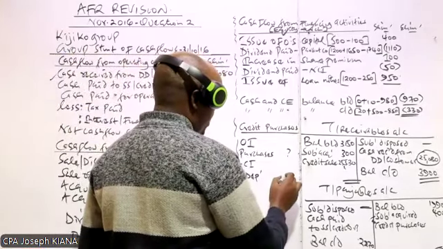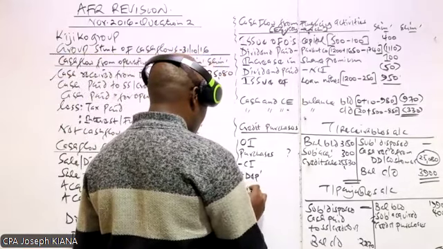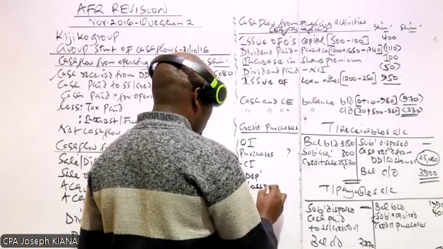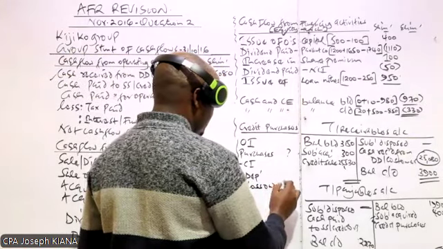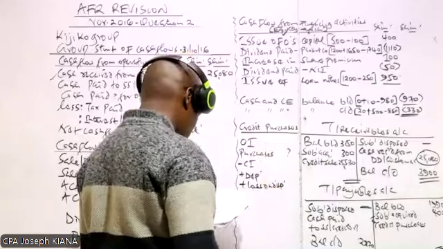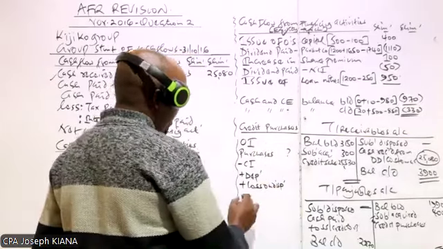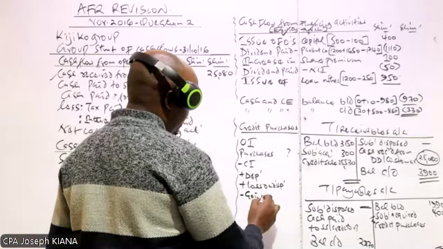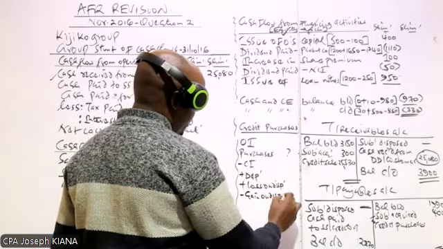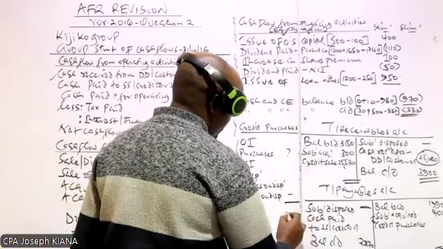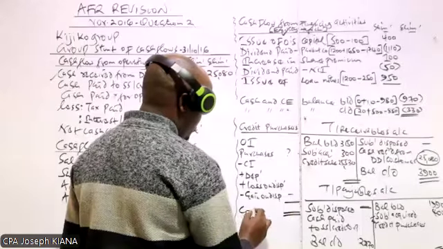I think we have computed this depreciation for the current year. To this, we also add loss on disposal. In case there is a gain on disposal, we less it here. We know there was no gain on disposal. And then we get the cost of sales.